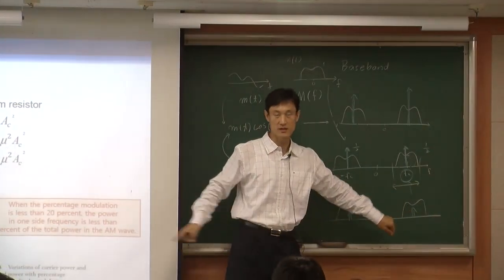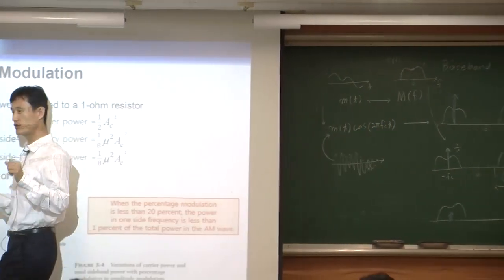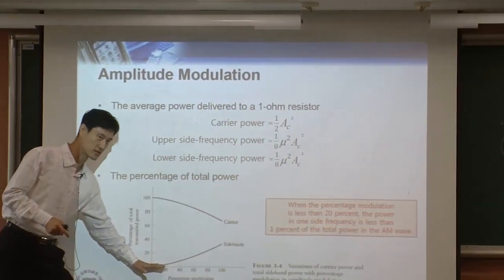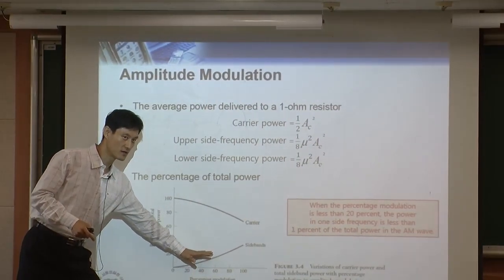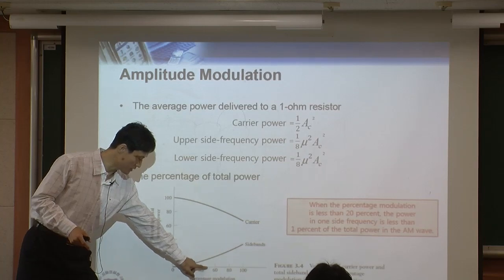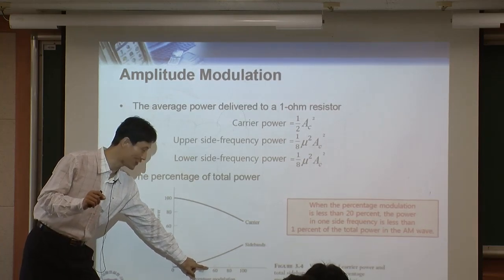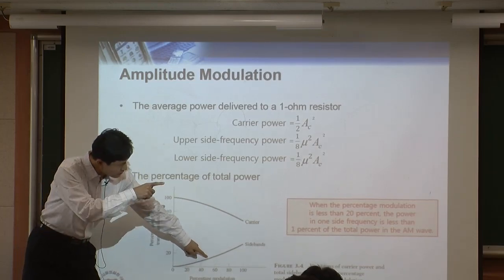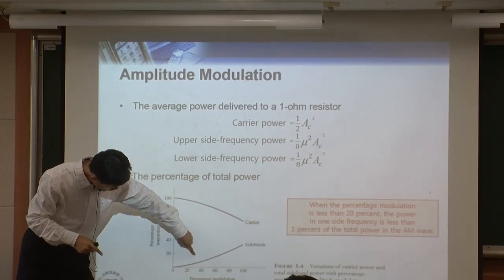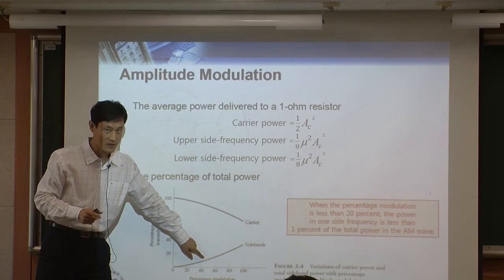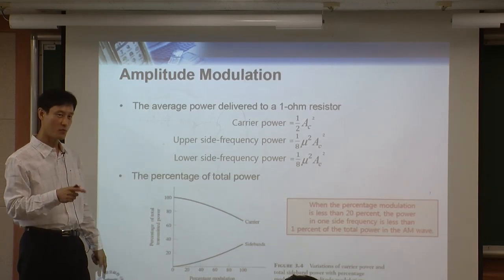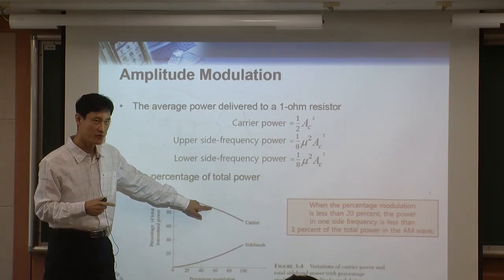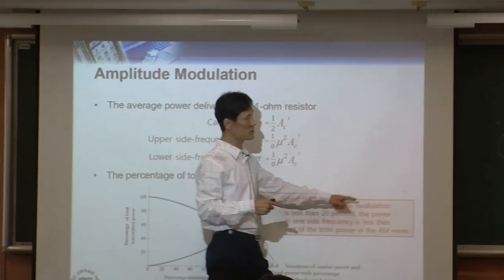The energy included in your sideband is increasing a little bit. So as an example, if the modulation factor is 0.5, this is what happens. Your sideband maybe has 20% of the power. Still, 80%, most of the power, is in the carrier. So that's kind of a picture like this.